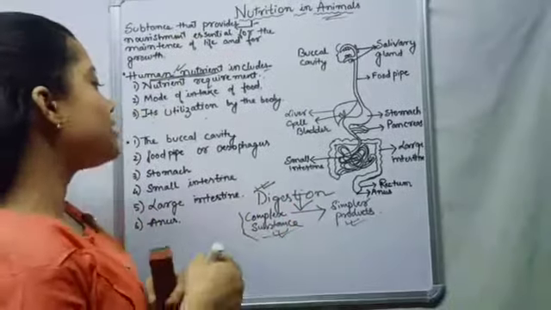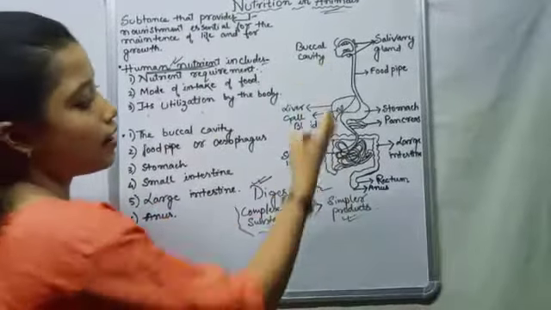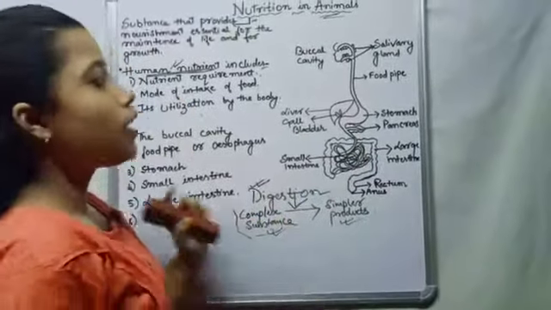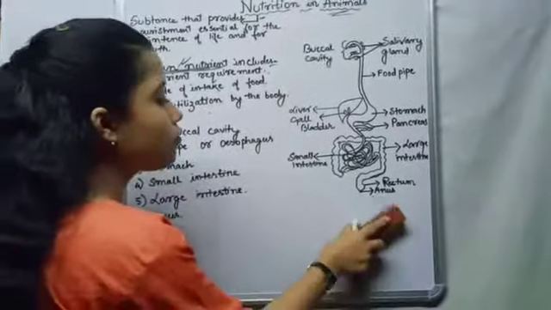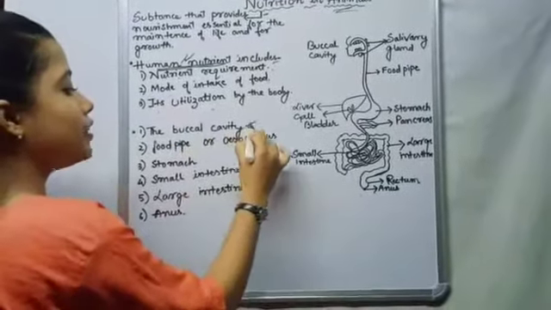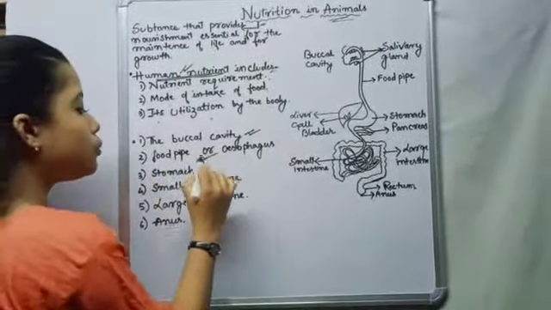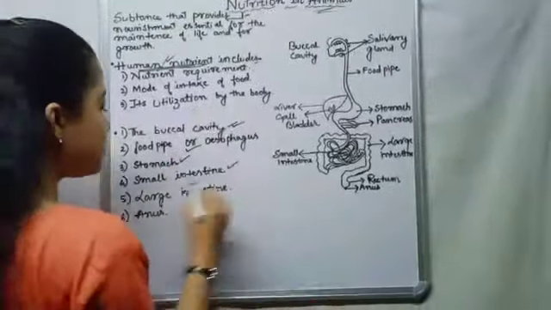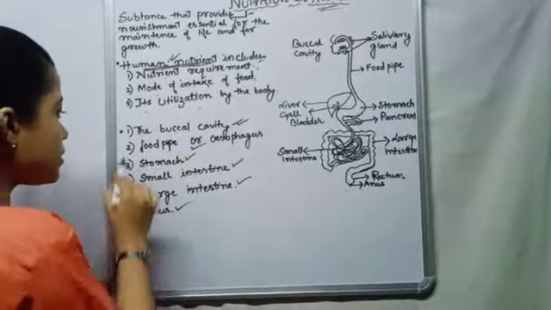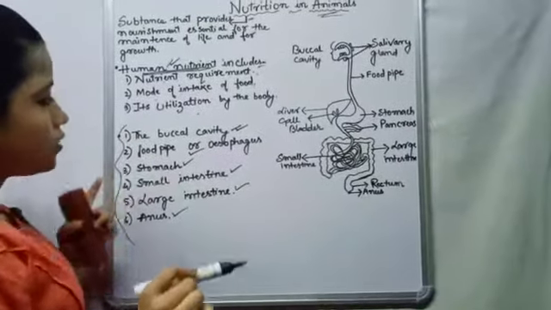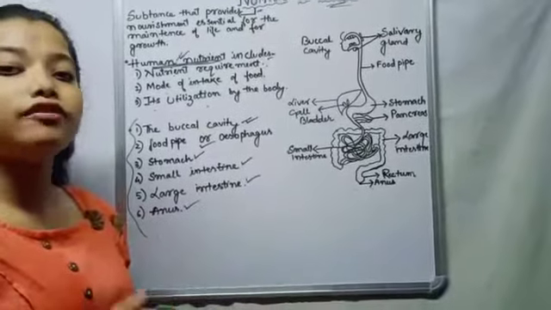Now you can see here the points: buccal cavity, food pipe and so on, the whole digestive tract. I am going to explain it to you now. The parts here are the buccal cavity, food pipe, stomach, small intestine, large intestine and anus. These are the six body organs that help in the process of digestion.